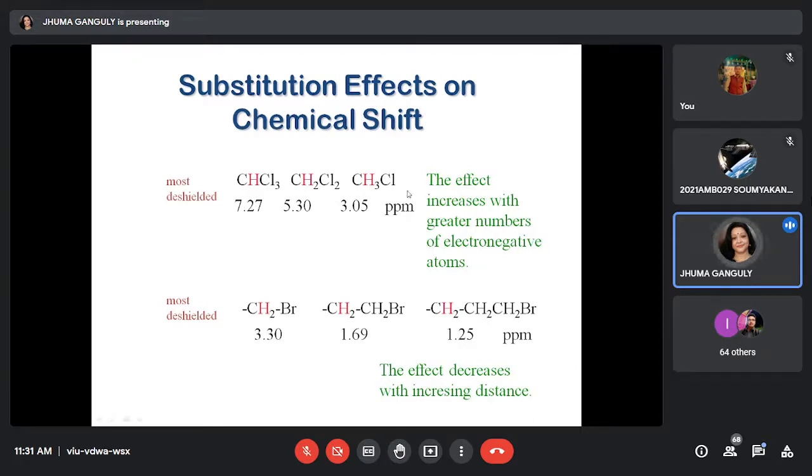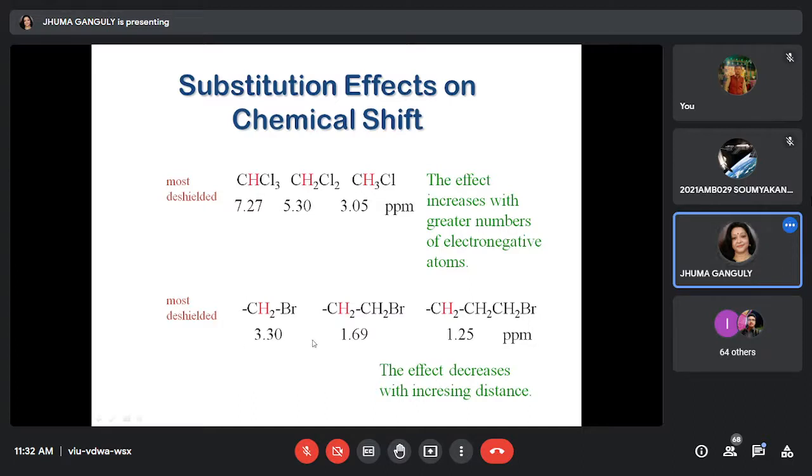For the monochloro, the value is 3.05, and for chloroform it is 7.27. That means the deshielding effect is maximum from 3 chlorine atoms compared with 1 chlorine atom. The effect increases with the greater number of electronegative atoms.